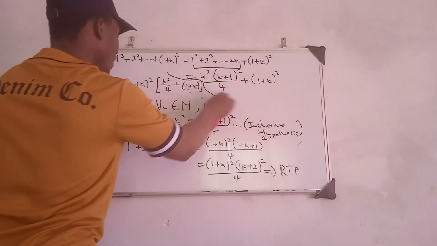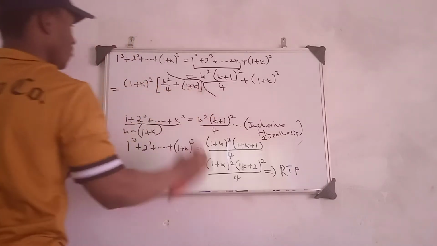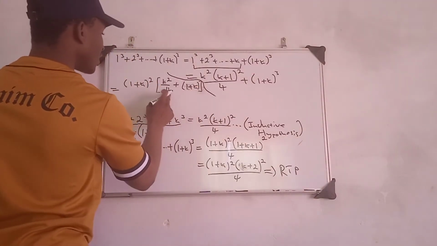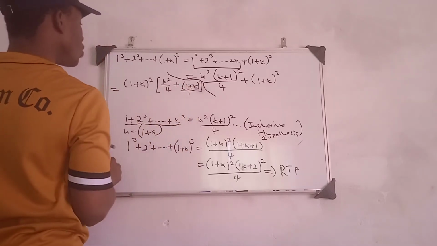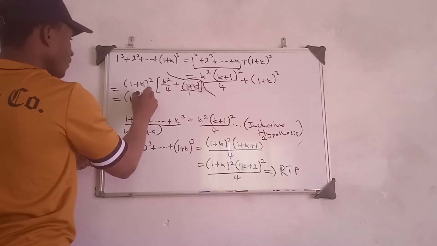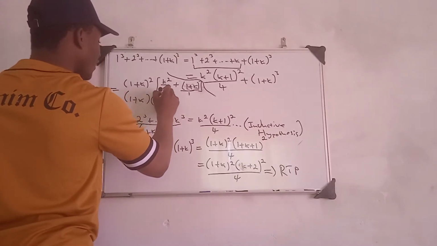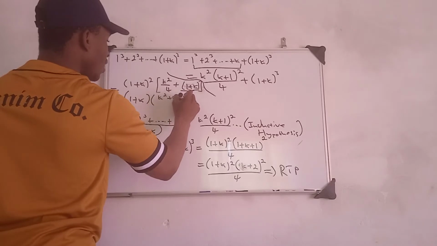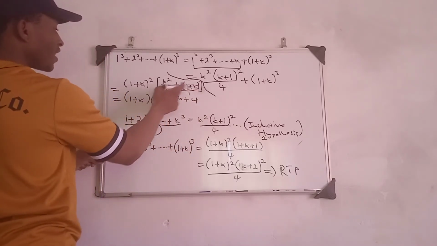So let me erase this part, guys. If I multiply this by this one, I can just put 1 here and make the denominators the same. This will be the same as 1 plus k. If I multiply by 4, I'm going to have k squared plus 4k plus 4. I've multiplied by this 4.